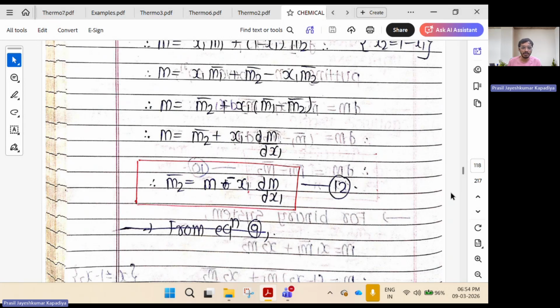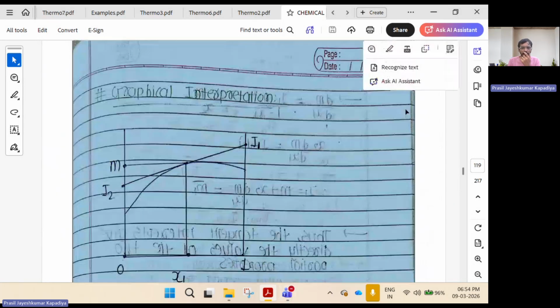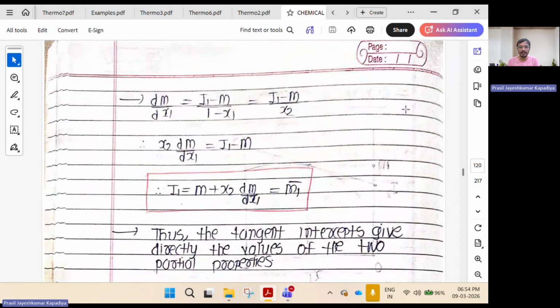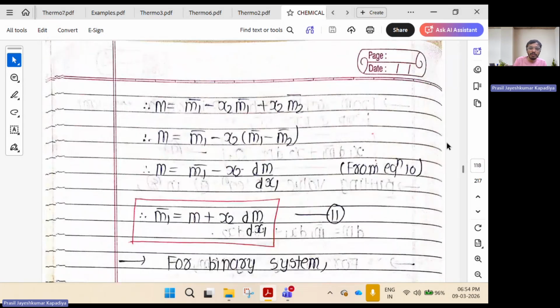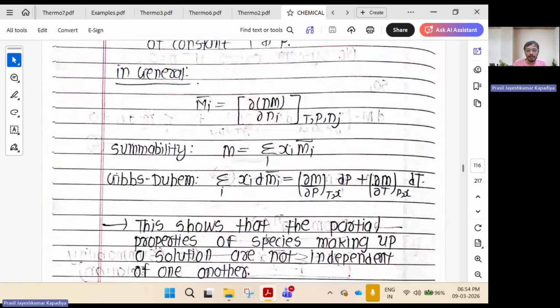That intercept gives me the value of the partial molar property of the individual component that we are interested in. Whatever property we are looking at, we can find it from the intercepts. And one very important thing that we know from the summability rule is that the partial properties of species making up a solution are not independent of each other.